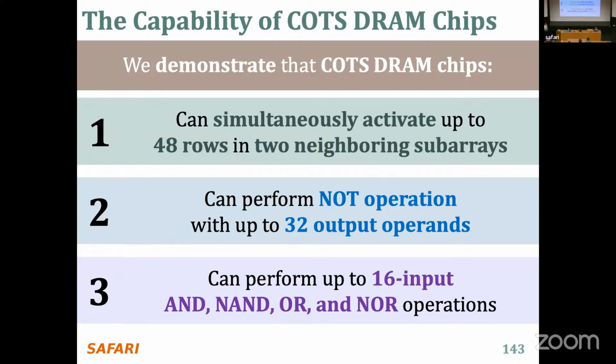We can perform NOT operations with up to 32 operands, and we can do up to 16-input AND, NAND, OR, and NOT operations. Just as a reminder, this is a DRAM chip that you buy in the market and plug into your computer with a different memory controller, but it's an unmodified DRAM chip, so all of this is feasible.